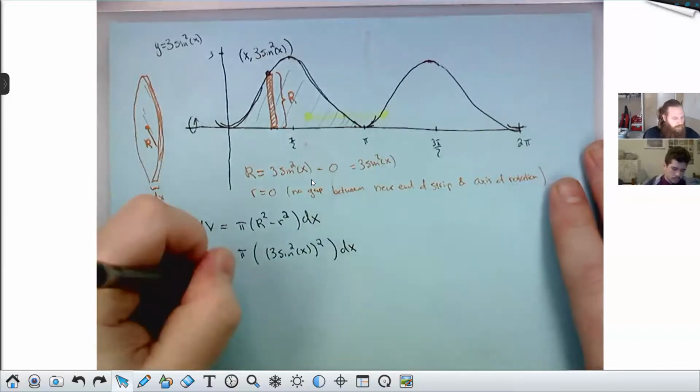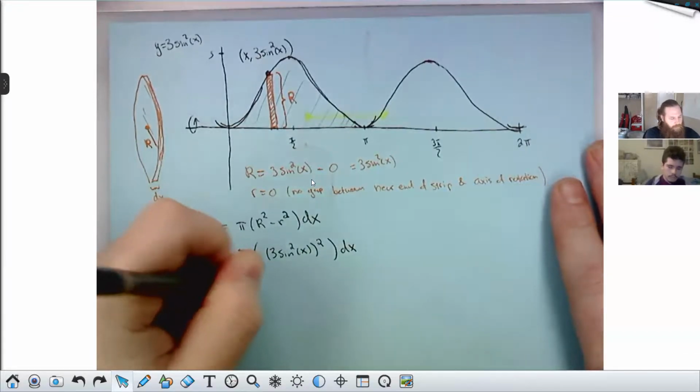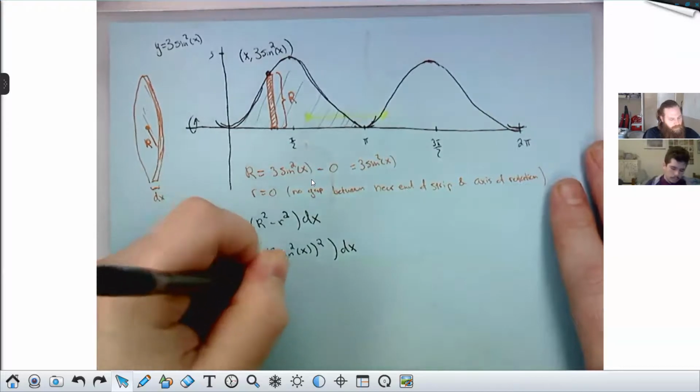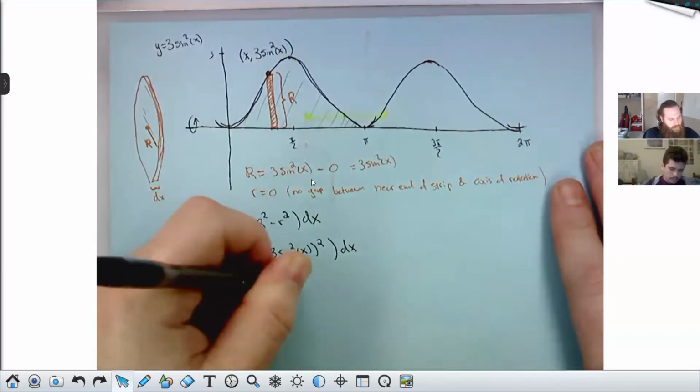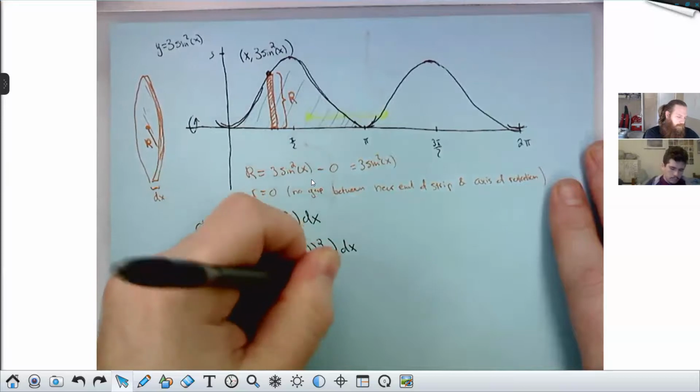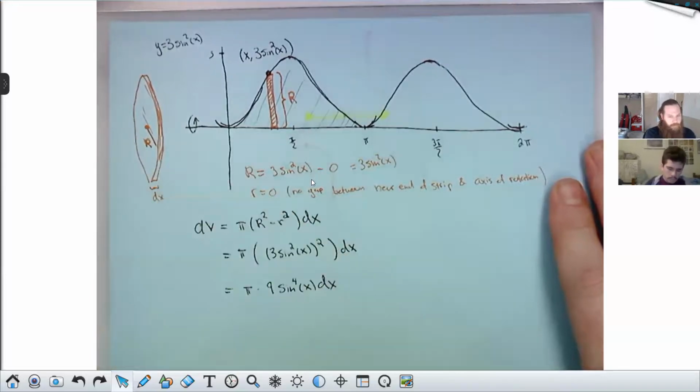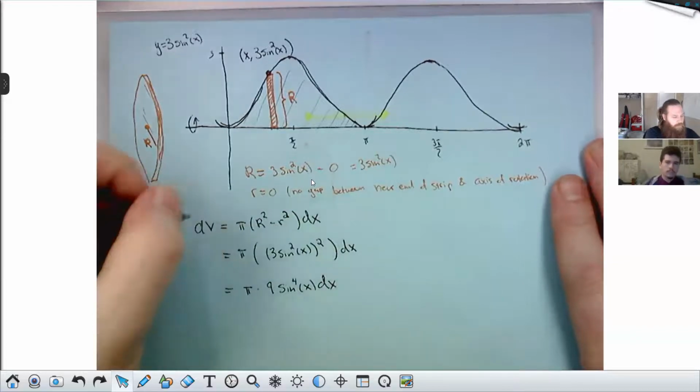So when I square that, I'll get pi times 9 sine to the 4 of x dx, which is not the most fun thing in the world to integrate, but we can do it.